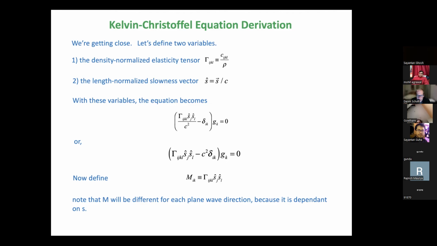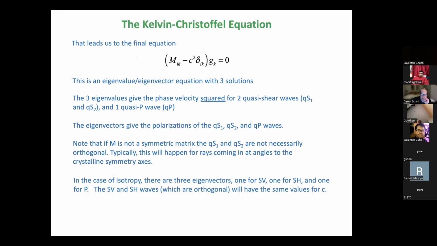So what's notable is that M will be different for each plane wave direction. So we will consider a plane wave in an isotropic medium hitting this anisotropic medium, and the plane wave will have direction given by the slowness vector. So our final equation is M_ik minus c squared delta_ik times g_k.